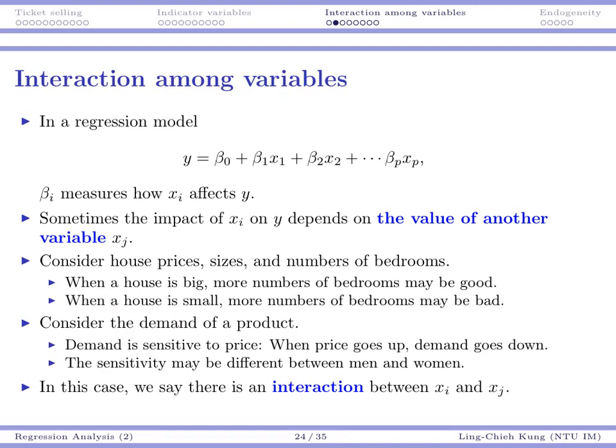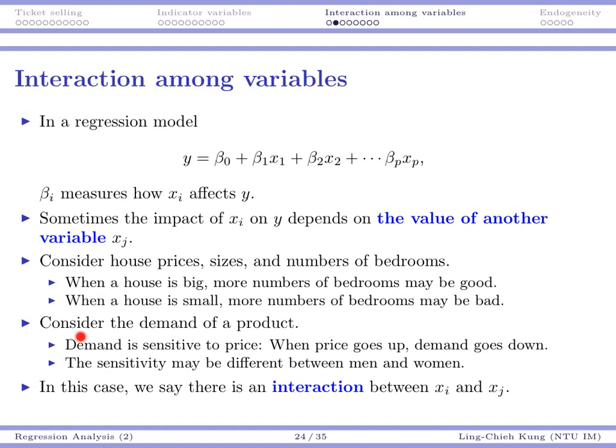But when our house is very small, then if the number of bedrooms is a lot, that's bad. So when we have a small house, maybe one bedroom is better than a second bedroom, and then two bedrooms and three bedrooms. But if our house is big, then one bedroom is worse than two bedrooms, is worse than three bedrooms. So that's possible.